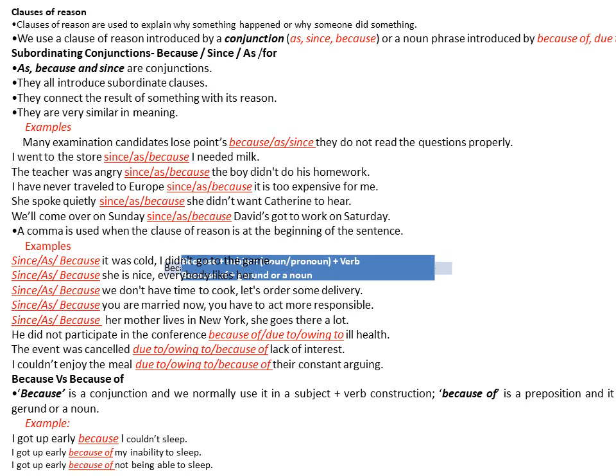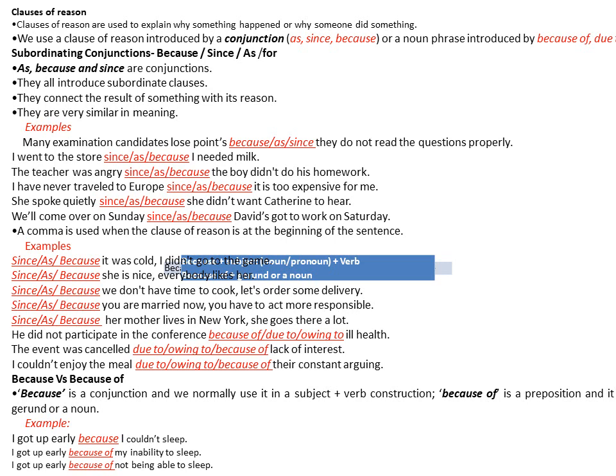We can use the same three of them in the same place, in the middle of a sentence. I went to the store since, as, or because I needed milk. The teacher was angry since, as, or because the boy didn't do his homework.